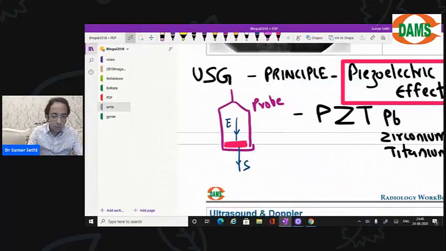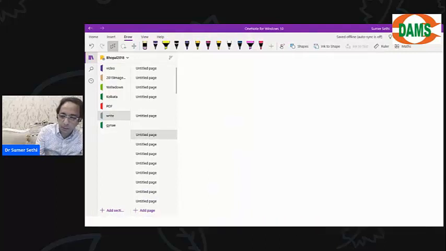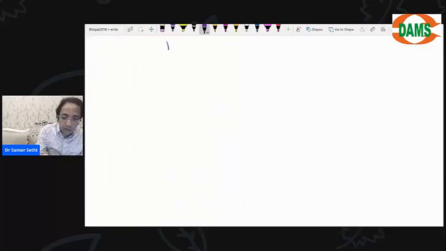Now, how does this machine work? I will explain with an example. Suppose this is your ultrasound probe. This is the ultrasound crystal.